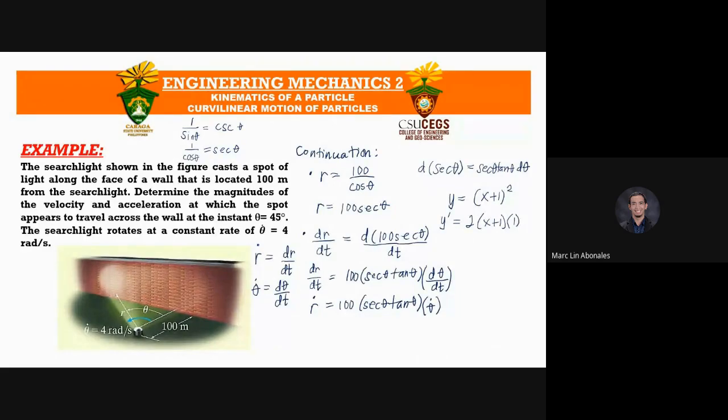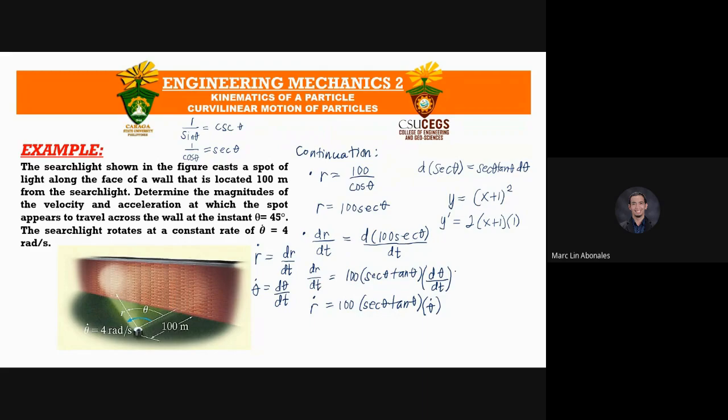So unsa ang iyahang magnitude sa velocity and magnitude sa iyang acceleration at the angle of 45 degrees. And also, ang angular velocity nato is equal to 4 radians per second. So that is the theta dot.